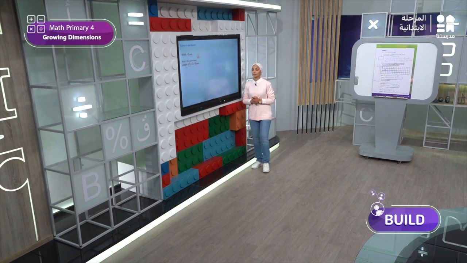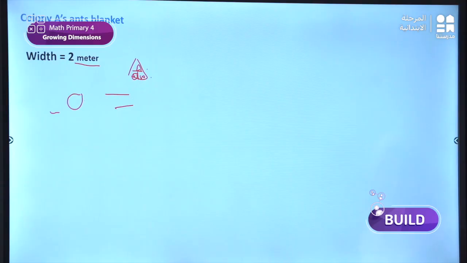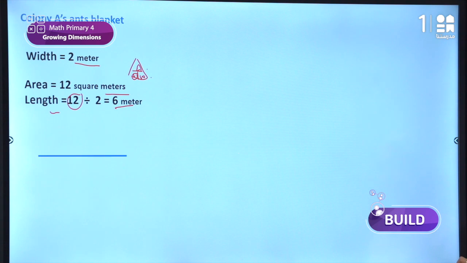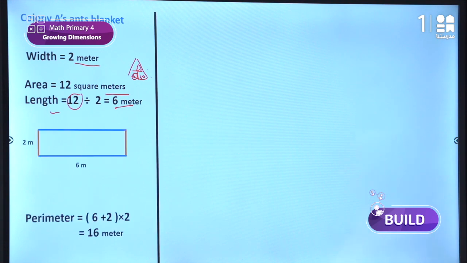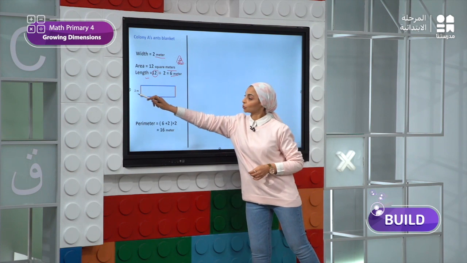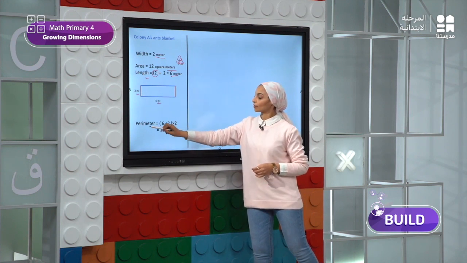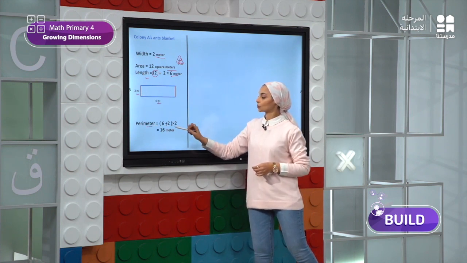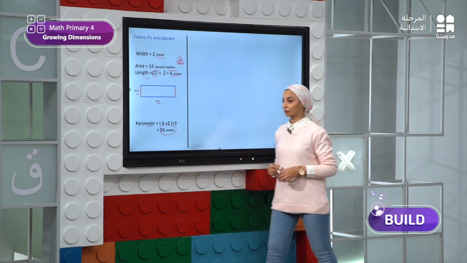Now to calculate the perimeter we add all the sides, or 2 plus 6 times 2, as you see here. So to get the perimeter, 6 plus 2 times 2 equals 16 meters. So I now know that the width is 2 and the length is 6.